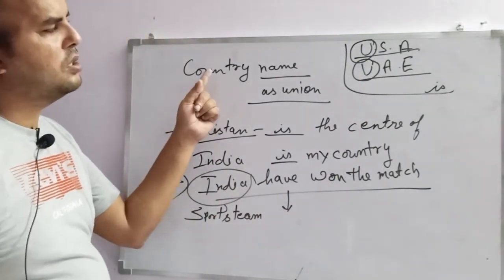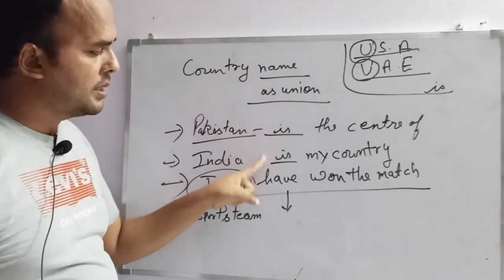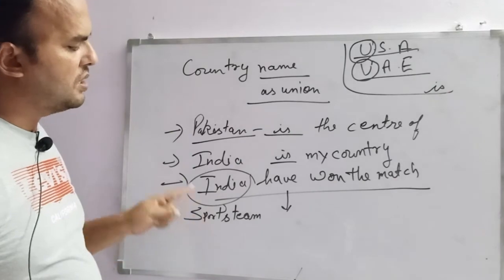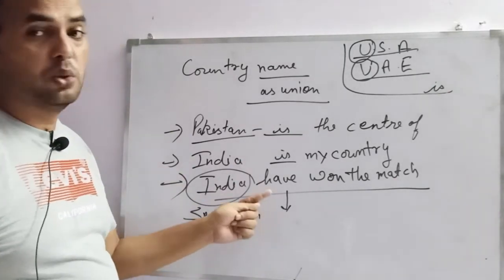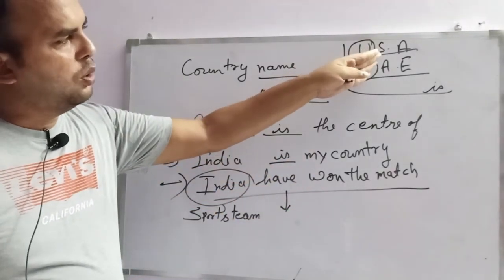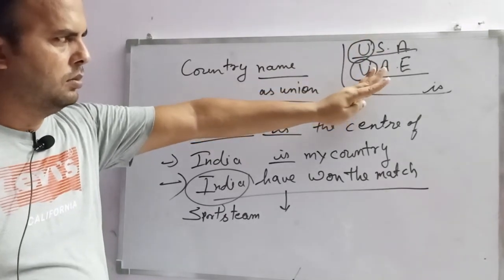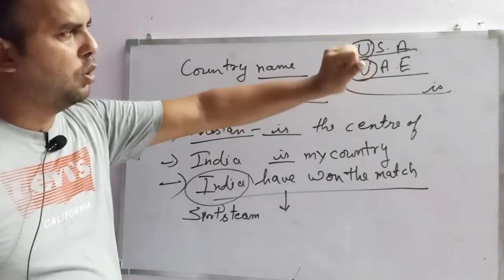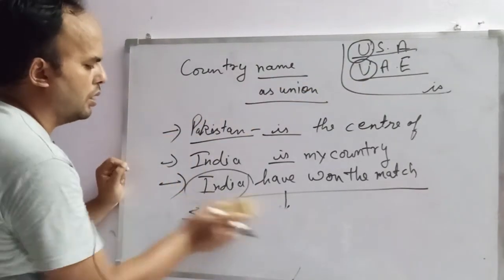If we are using a country name as a union, we use a singular verb. But if the country name is described as a sports team, we use plural verbs. United States of America, singular. UAE, singular.